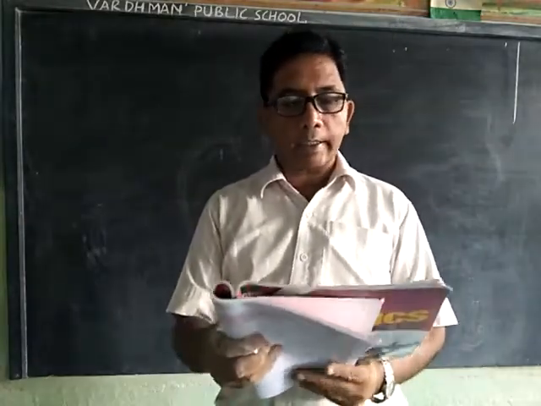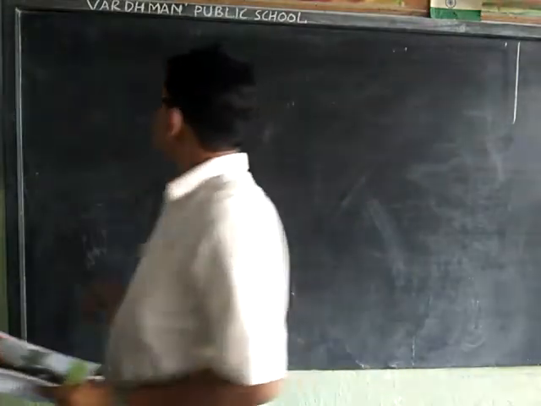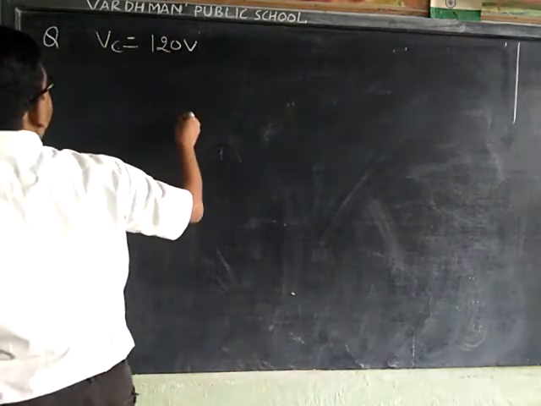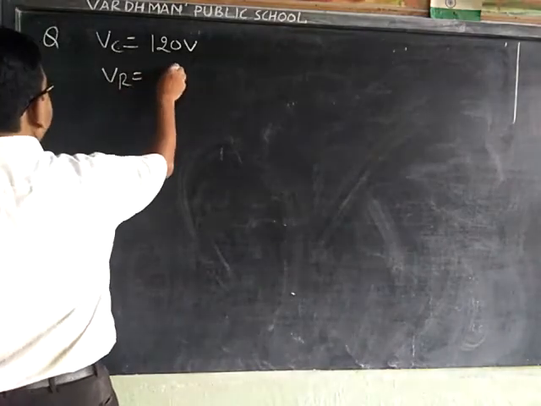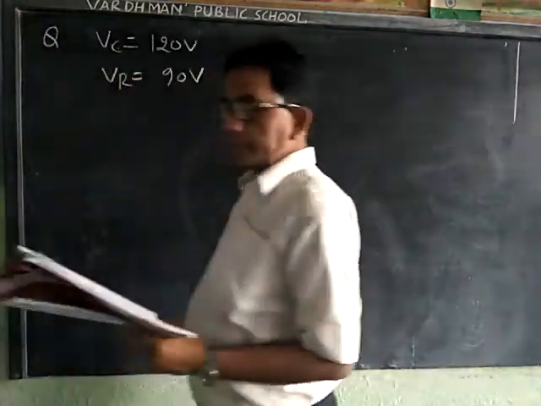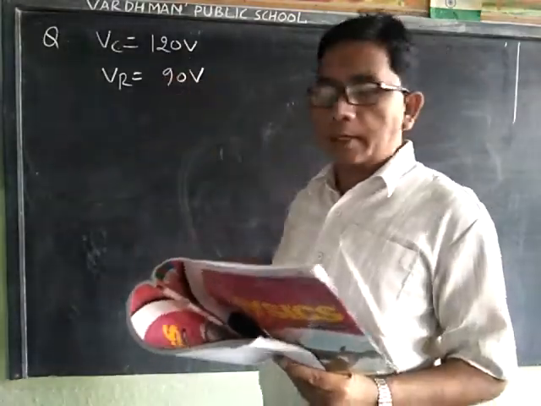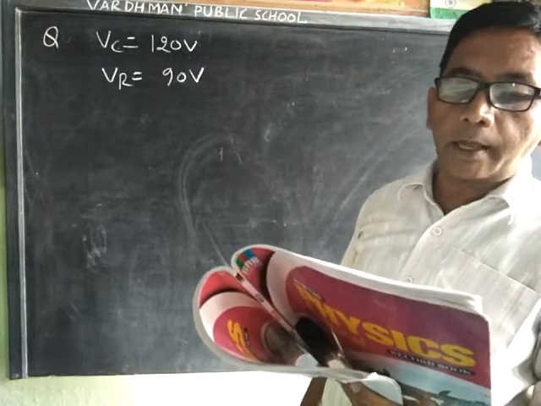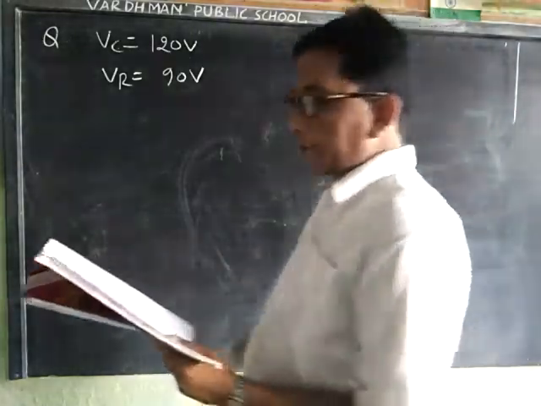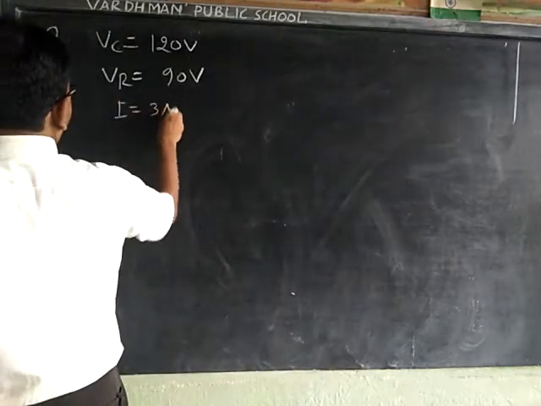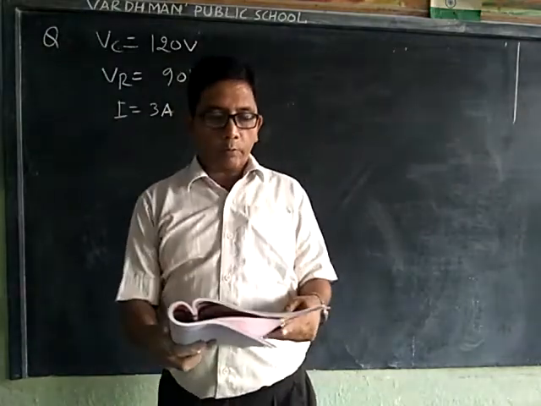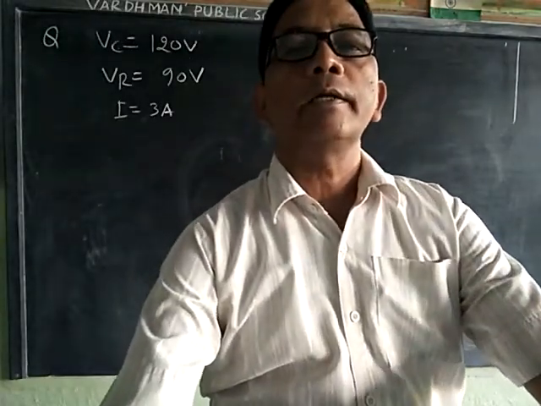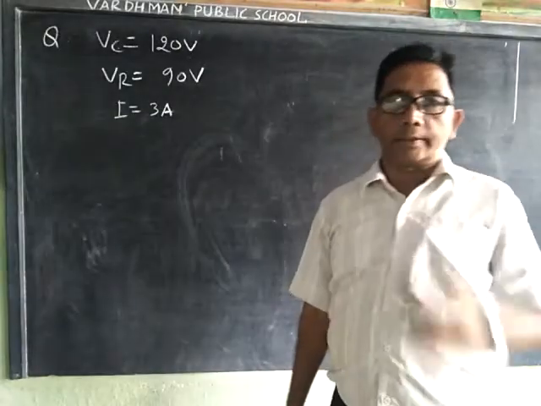If the potential difference across C and R, that is VC is 120 volt and VR is 90 volt respectively, and the RMS current of the circuit is 3 ampere, now calculate the impedance, and second, the power factor of the circuit.